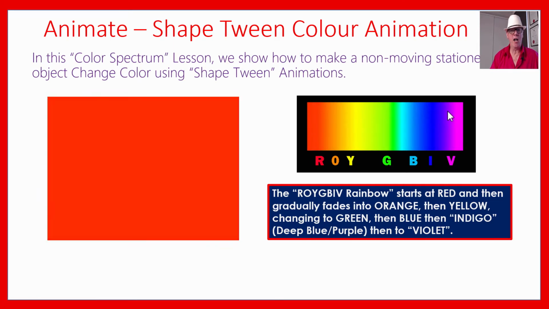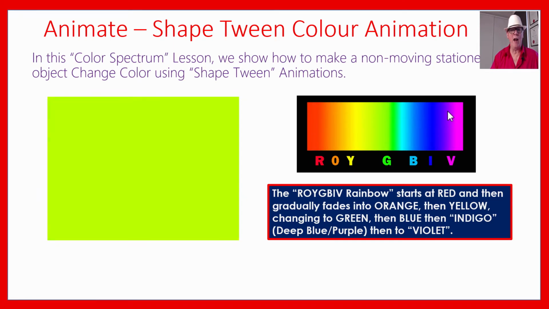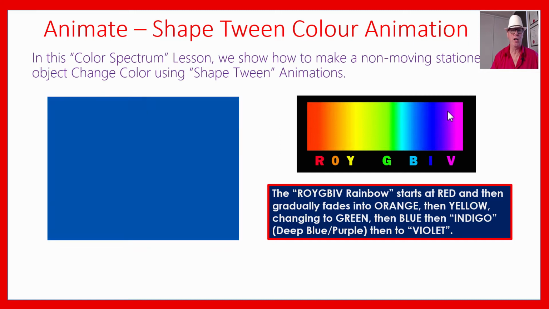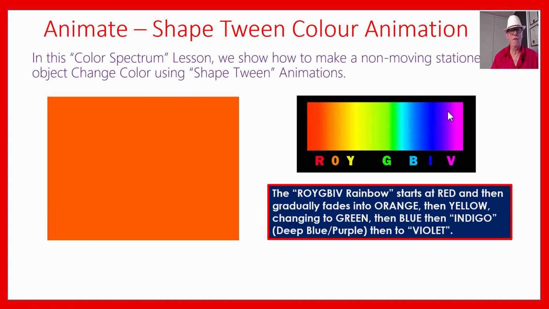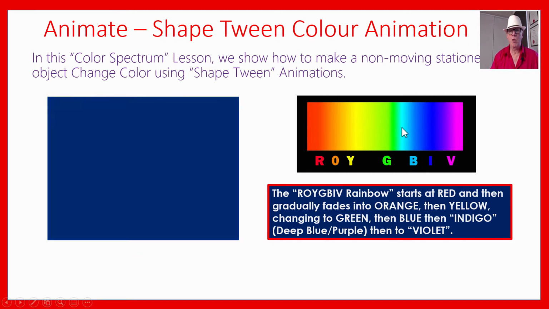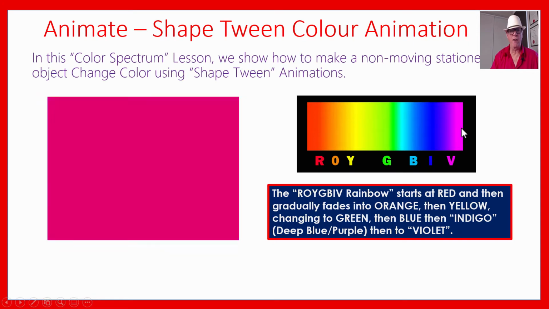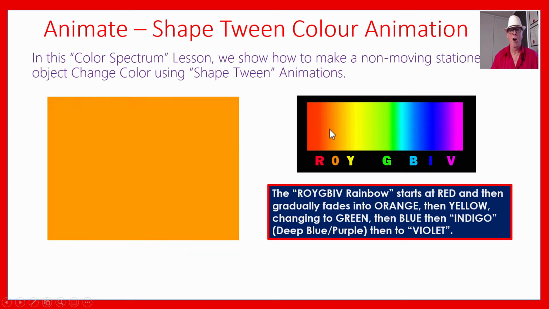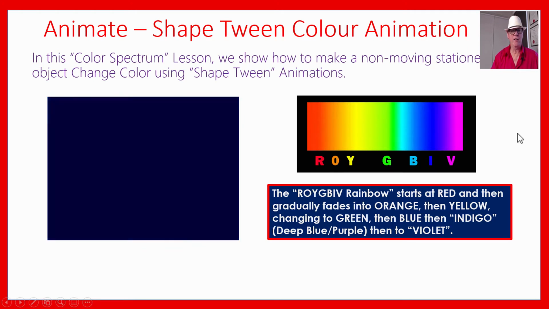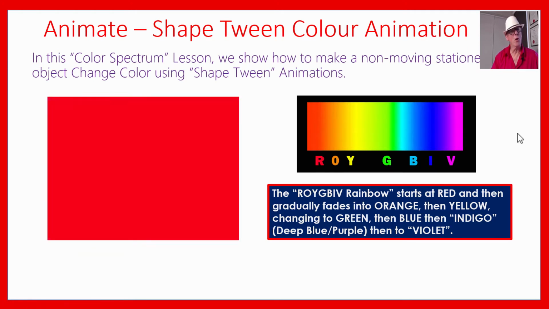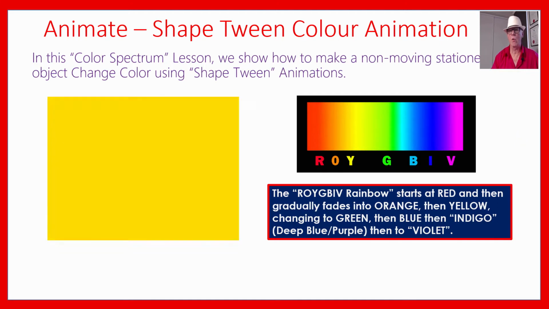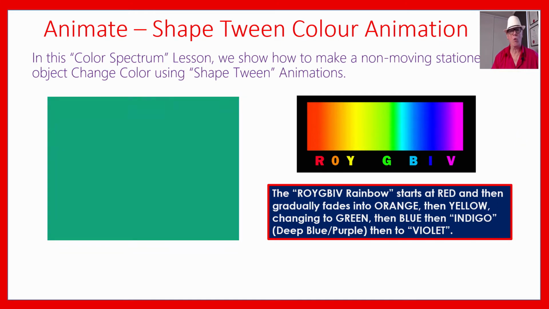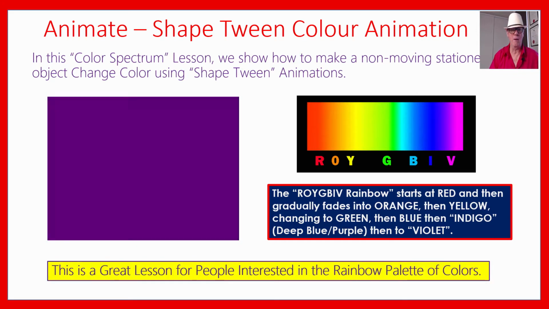Our finished GIF file, our output file from our finished project for this lesson, is running there on the left, and you can see that it starts at red, fades into orange, goes to yellow, then to green, then to blue, then to indigo, which is dark blue, then a violet color, then back to red, orange, yellow. So it's just a nice little animation that does the rainbow colors, but also does all of the in-between colors along the way. And that's why we call it tweening in Animate, because it's doing the in-between things.